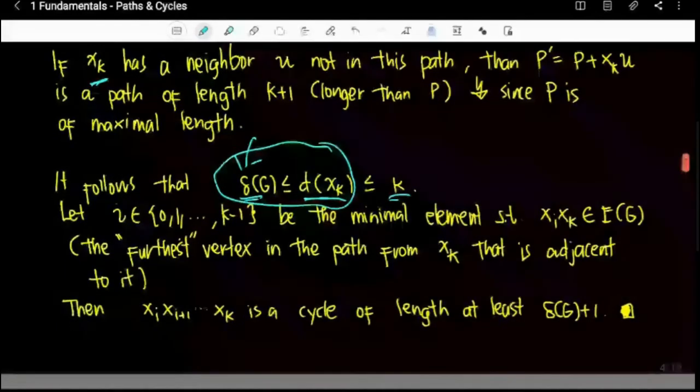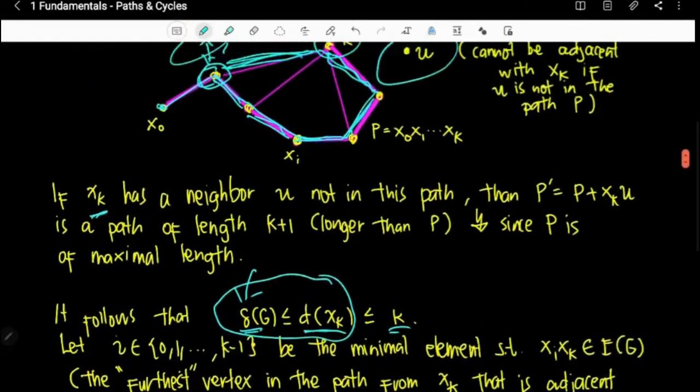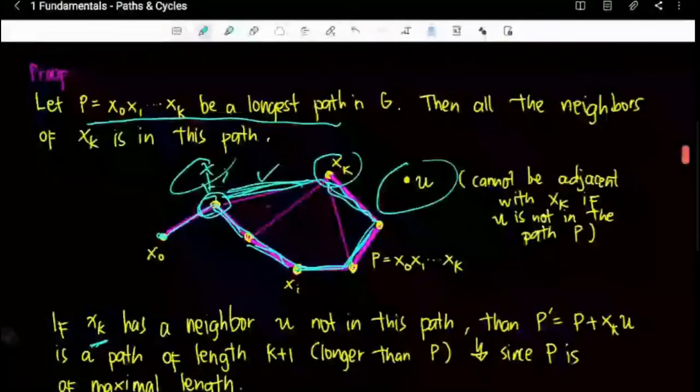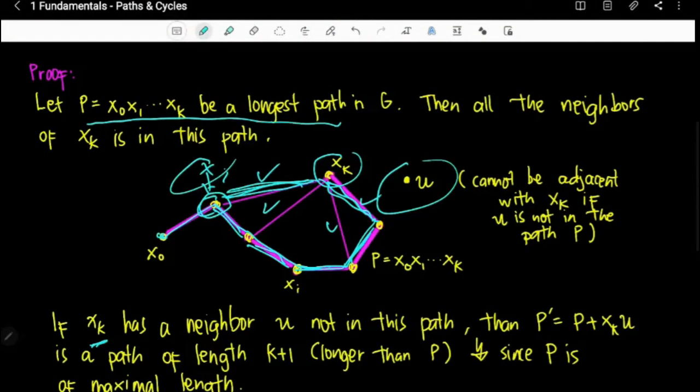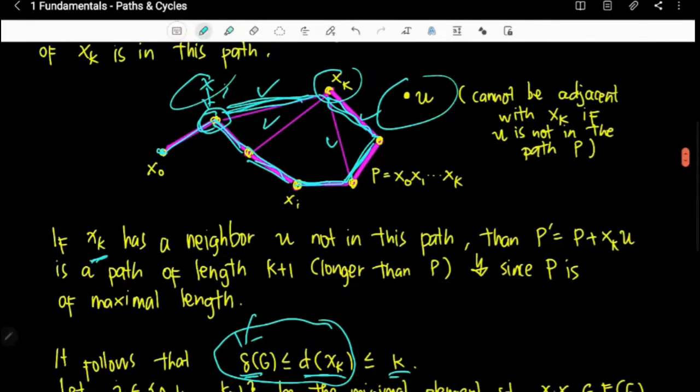So, yung xi up to xk, that's a cycle of length at least delta G plus 1. At least delta G. Bakit at least delta G? Kasi ito na lahat, ito yung delta, ito yung mga neighbors ni xk. Check na check tayo na yung mga number of neighbors ni xk ay hindi mas maliit sa delta G. So, pag tiningnan mo yung cycle mo, 1, 2, 3, 4, 5, yan yung mga number of neighbors, plus yung edge na dinagdag mo, plus 1.